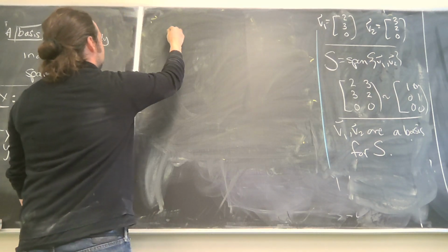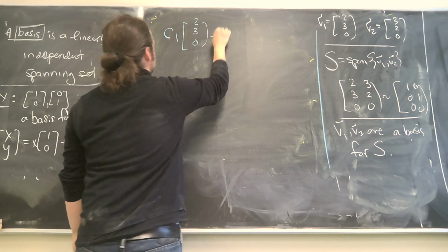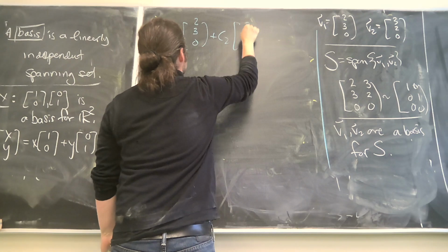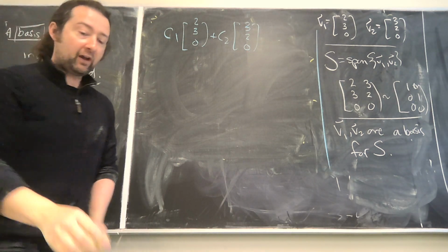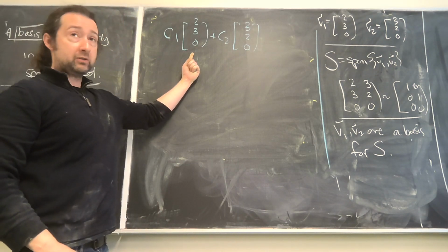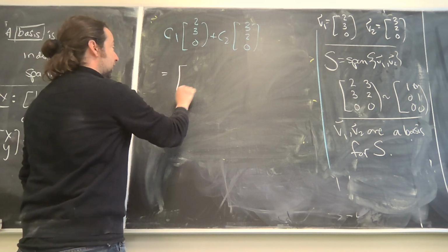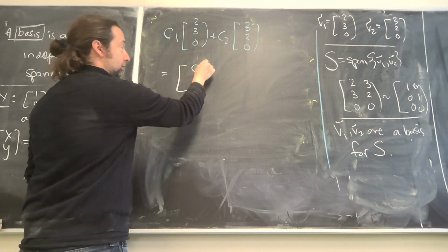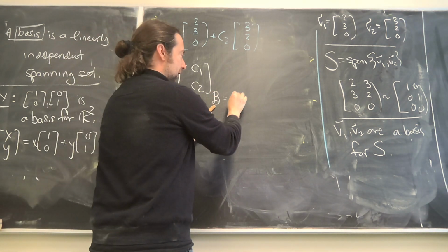So it's worth seeing. If I did C1 times 2, 3, 0 plus C2 times 3, 2, 0, that's all the possible linear combinations, right? If I understood that I was working just with vectors that I built out of these, I could write this as a vector C1, C2, as long as I indicated down here that I was working with respect to some basis.